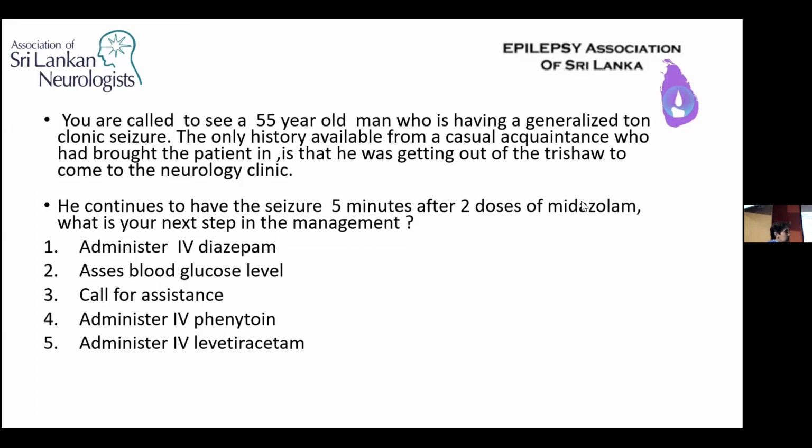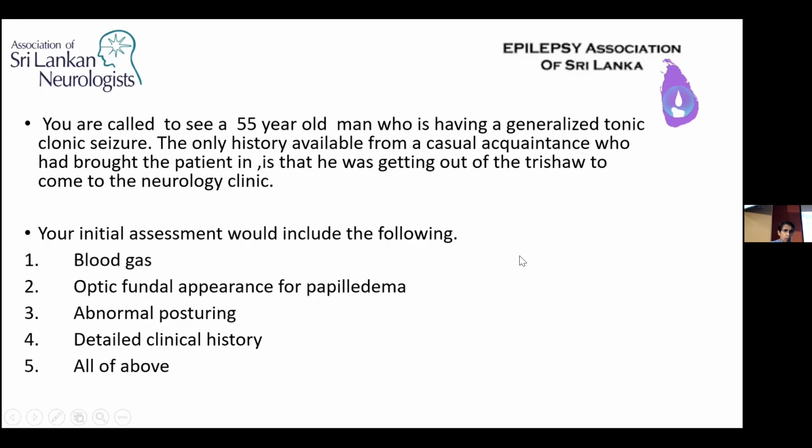Just one second. I think if you go back to the first question, we find it a little difficult to answer. That's one of the most difficult parts in the management of status epilepticus. But you have to always remember there are so many things we have to do.